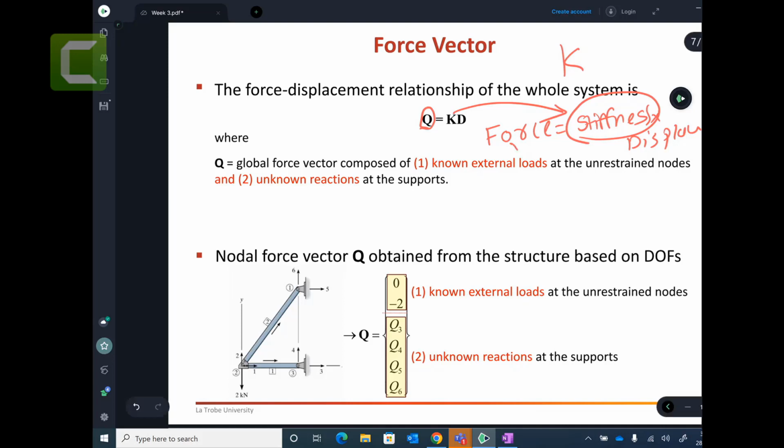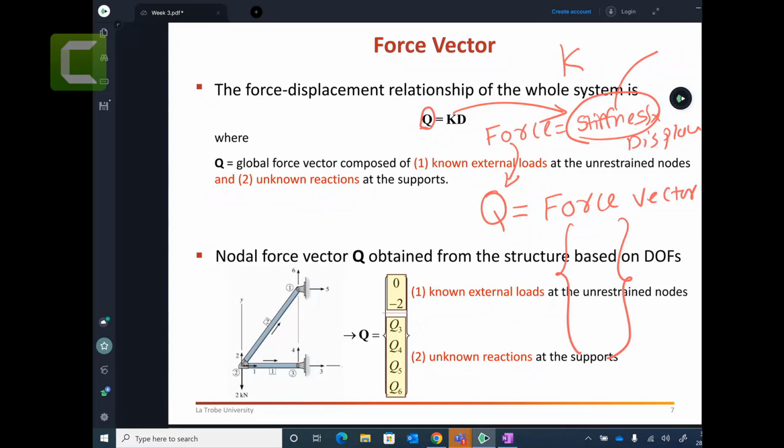Today I'm going to explain how you can get the force vector, which is represented by Q, and it is a vector, not a matrix. This is the stiffness matrix, but this is a vector. Vector means that you have only one column. That's the name that we are using here.